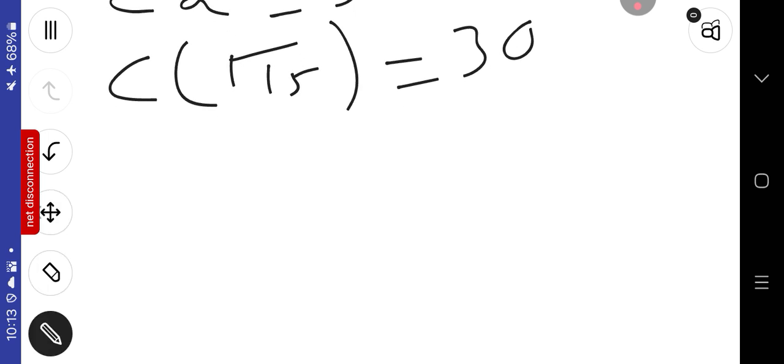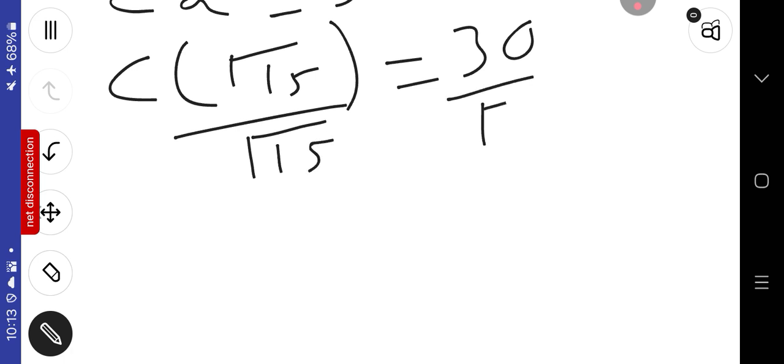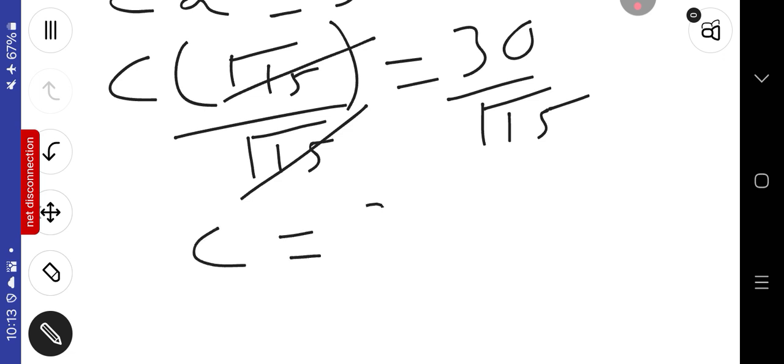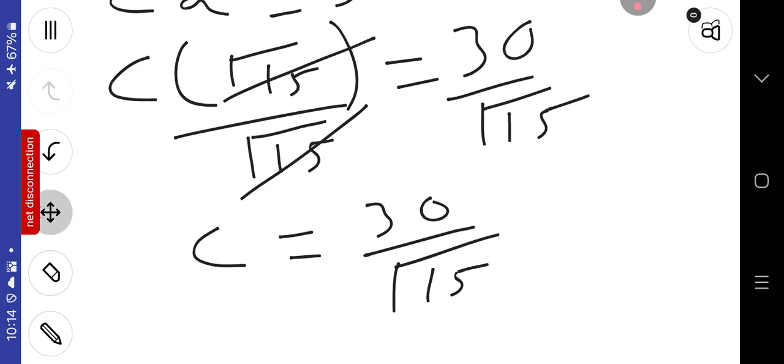So you divide both sides by the square root of 15, so this cancels this. So you're going to have C is equal to 30 over the square root of 15.